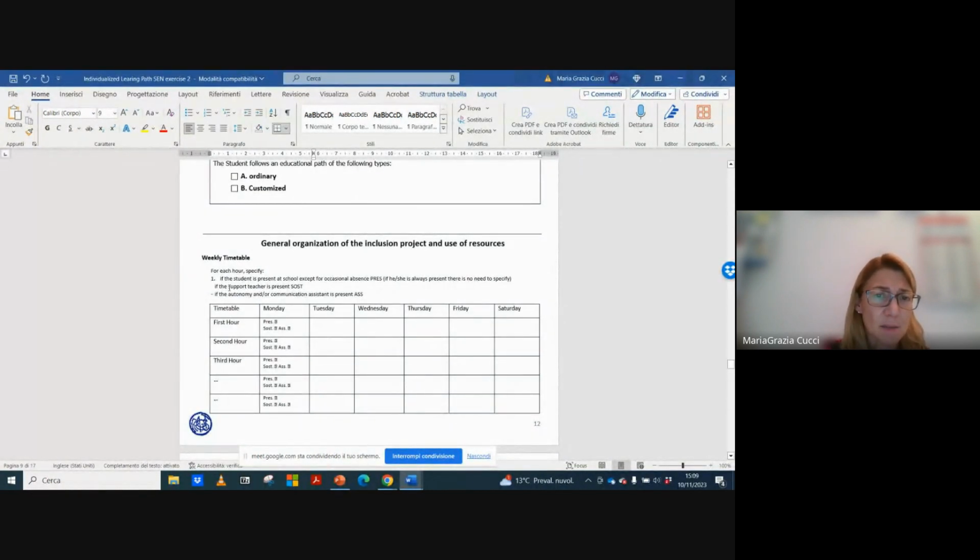Whether the support teacher is present, you can put, for instance, SOST as an abbreviation. If you have a communication assistant, you can put, for instance, us, which is only an abbreviation of assistant. Or you can put assistant.